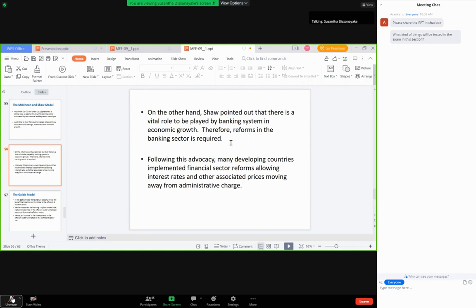And once they get the interest from the government, the financial institution, the banking sector, is also making profit with the interest they are getting from the government for their securities. Is it clear for you?